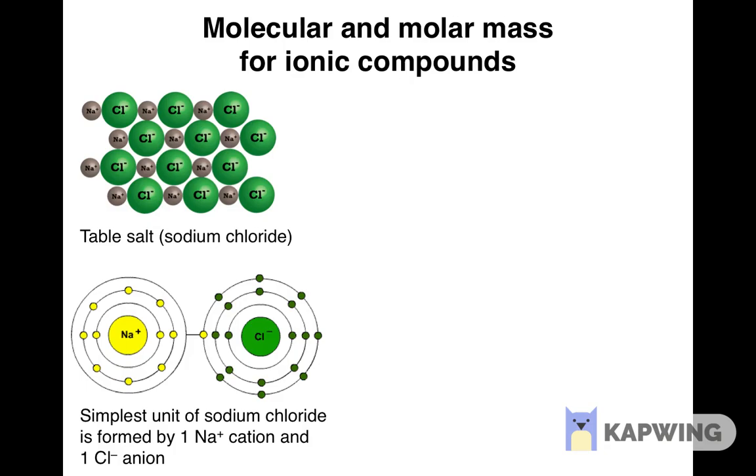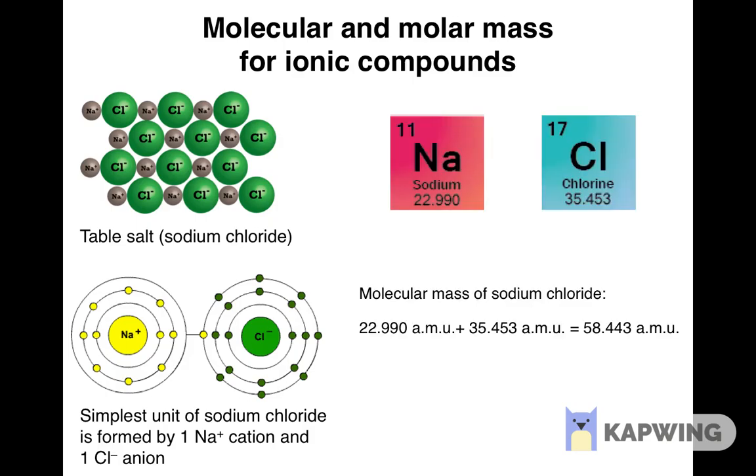So because the simplest unit of sodium chloride, for example, consists of 1 sodium atom and 1 chlorine atom, the molecular mass for this compound is the sum of atomic masses of sodium and chlorine, 22.990 atomic mass units plus 35.453 atomic mass units, and that gives us 58.443 atomic mass units. The molar mass of this compound is then 58.443 grams per mole.